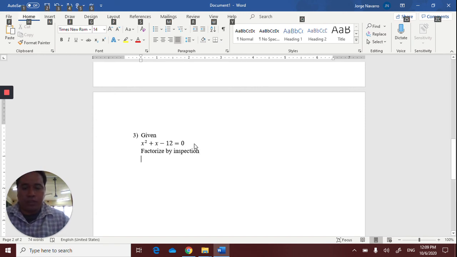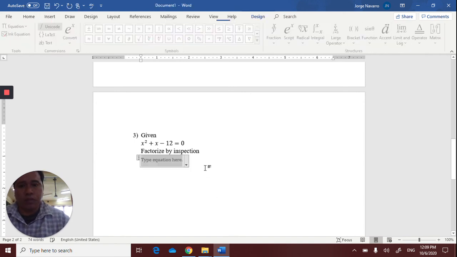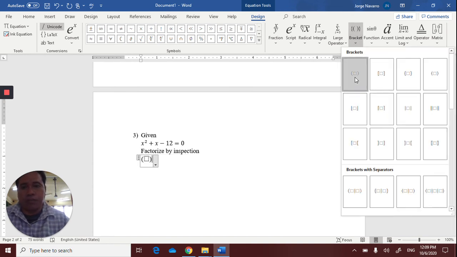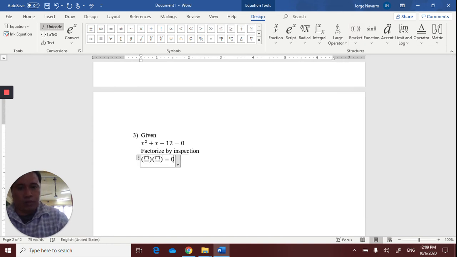So we will need 2 brackets, one there and another there, equal to 0. For x squared, we have x in the first bracket and x in the second. How do we get 12? Well, you can do 3 times 4.